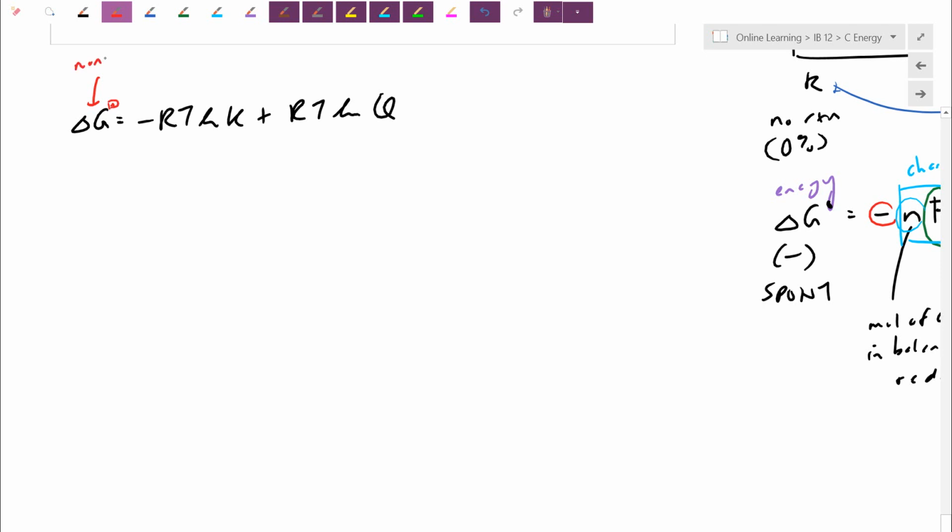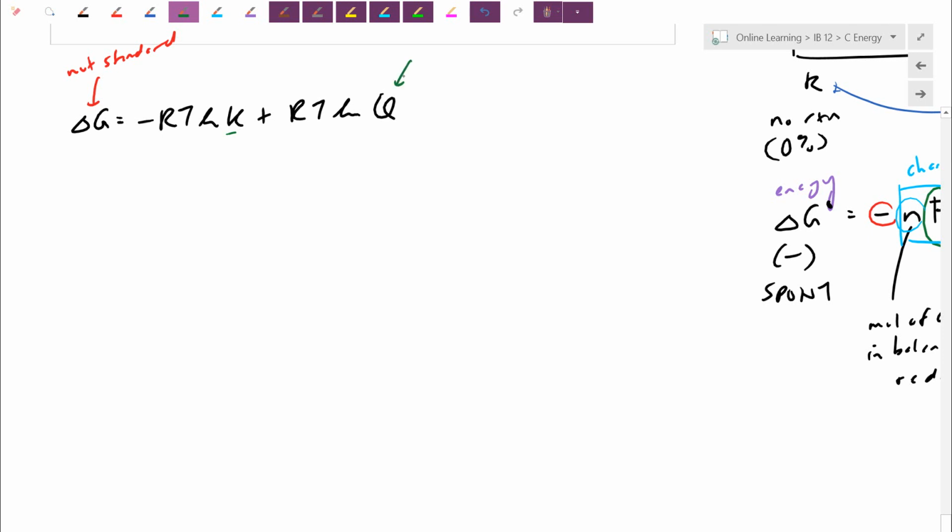This one is not standard conditions, so it's just free energy, and I'm not just considering equilibrium or one quantity. I want to know what my non-standard conditions are.